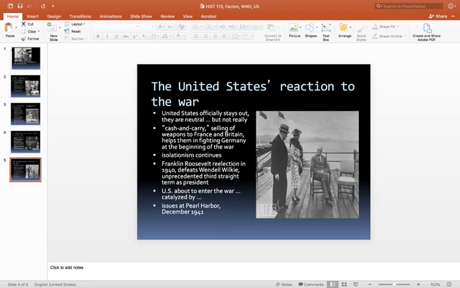And this cash and carry, because prior to this point, it had been illegal for the United States to sell various types of war ammunition, military types of usage of technology, to use the various facilities of war and weaponry.